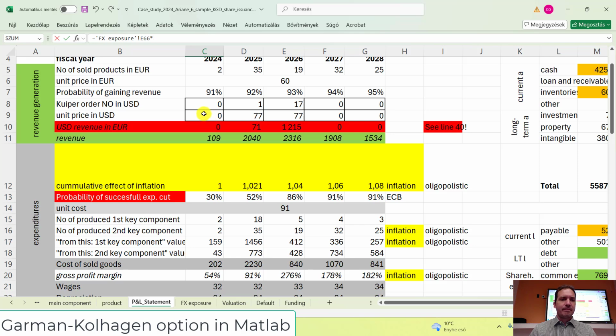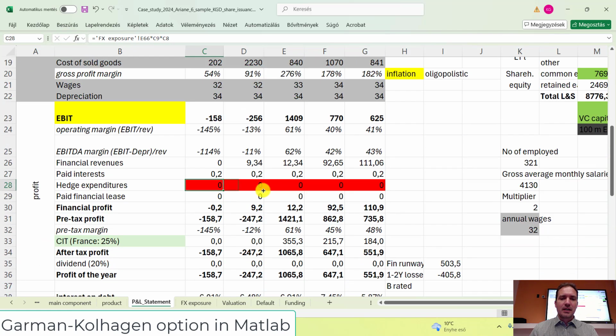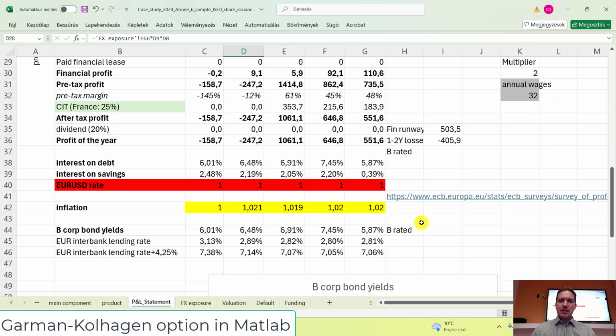This number multiplied by this number. So in this case we can realize how many US dollars we have, because after that this is already recalculated in euros. So here we don't have anything, and after that we have for 6 million US dollars, I mean 6 million euros, we can do it, so it's not that terrible.